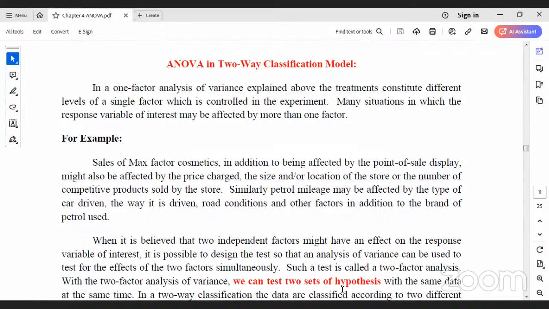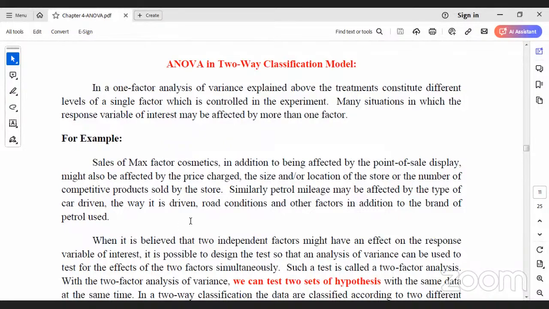Now the situation is different, but in some small villages, where a group of people are living, 20 houses or 10 houses in parts, to their place also the road is not there properly. At that time, how we are driving the car, the road condition, and which petrol brand we are using, all these factors will be considered. So in that way, two factors are also involved.